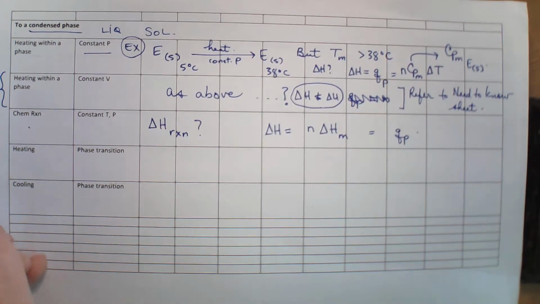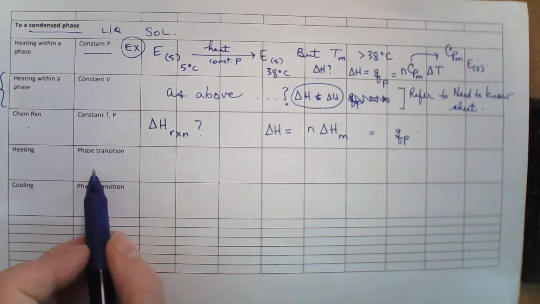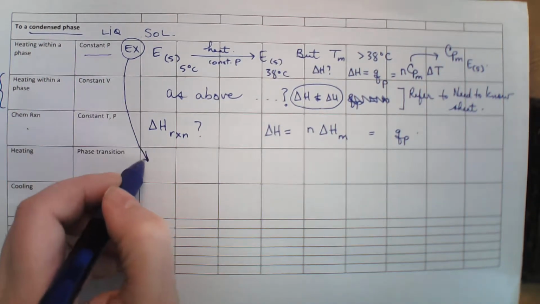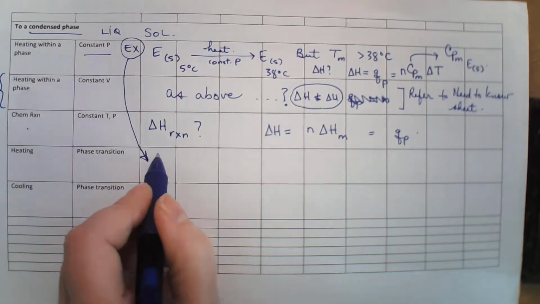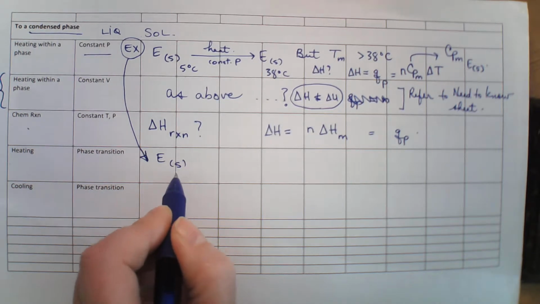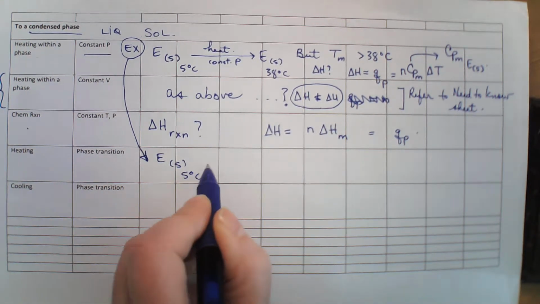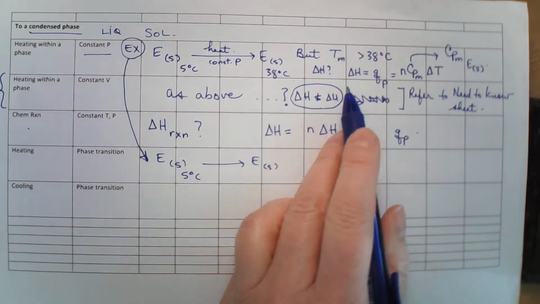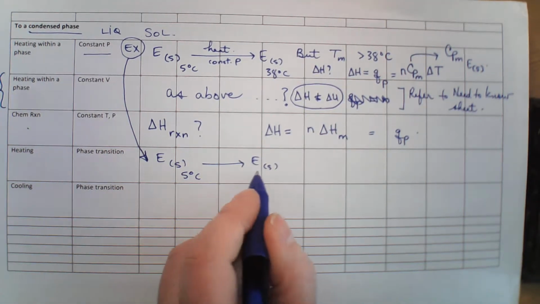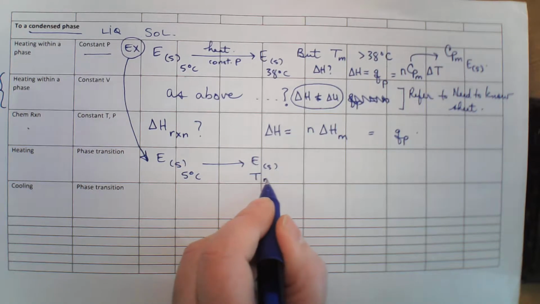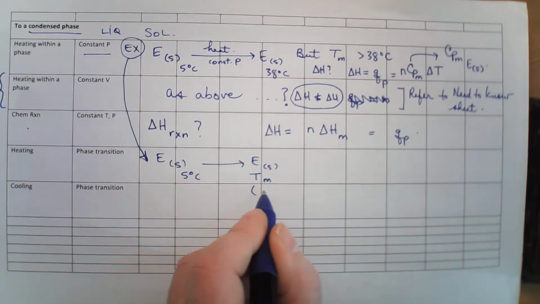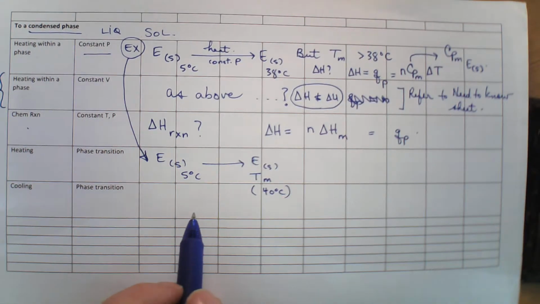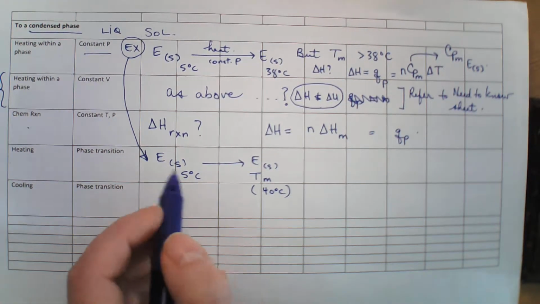If I'm heating through a phase transition, then I can use this example from up above. I would take my component, say at 5 degrees Celsius, and heat it up to, let's say its melting point, which is, I'm going to say 40 degrees Celsius as an example, because here I said it was greater than 38.